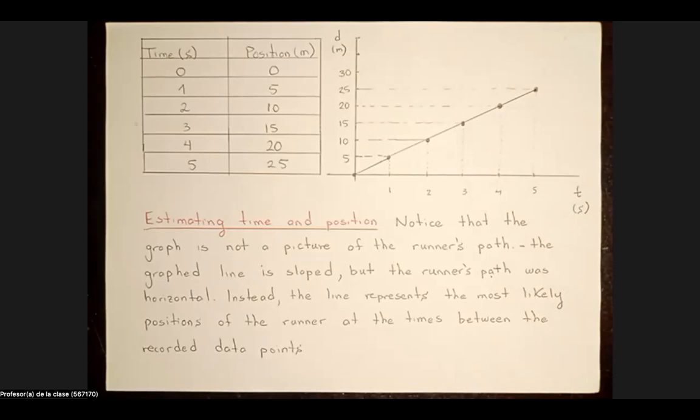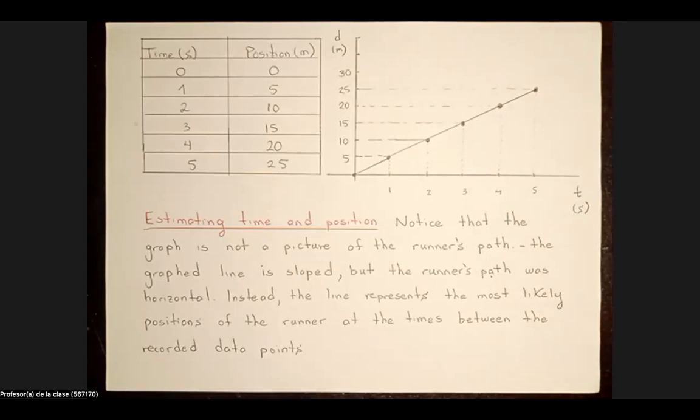Okay, so estimating time and position. So notice that the graph is not a picture of the runner's path. The graph line is sloped, but the runner's path was horizontal.